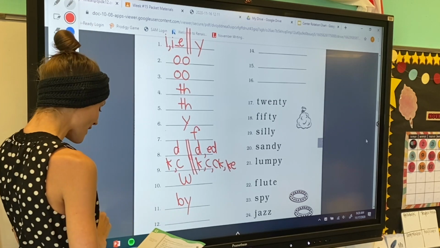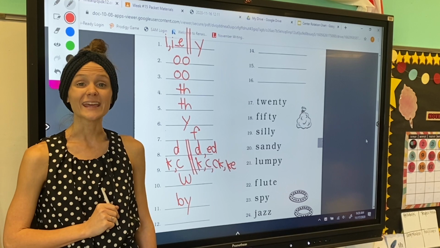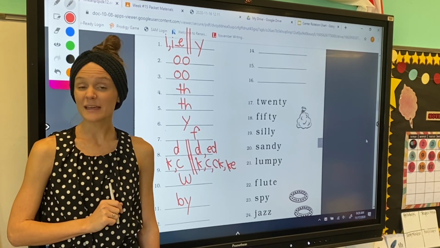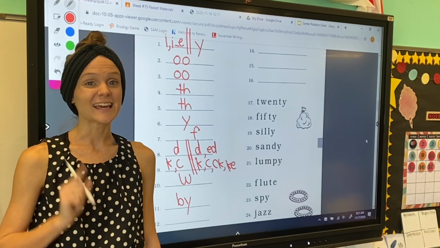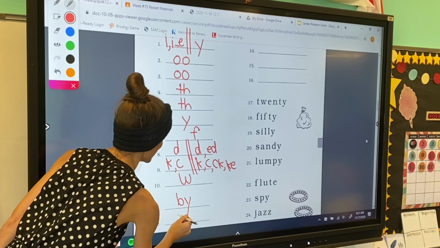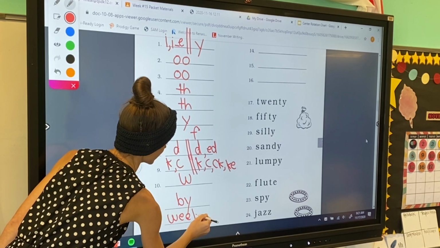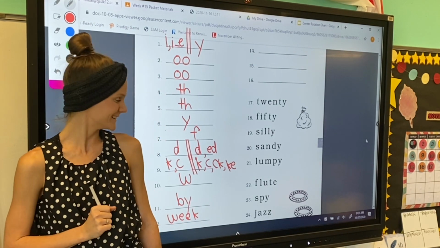For number 12, we're going to spell the word week. Week. I hear that E sound in the middle of that word. So I know that I'm going to use that E digraph to spell the word week. W-E-K. Oh, my E's looking crazy there, but you guys know what it is.